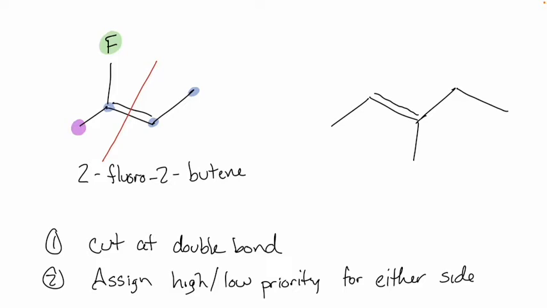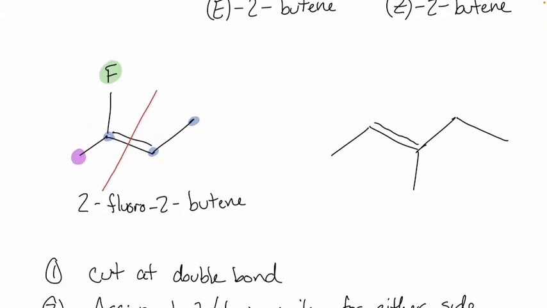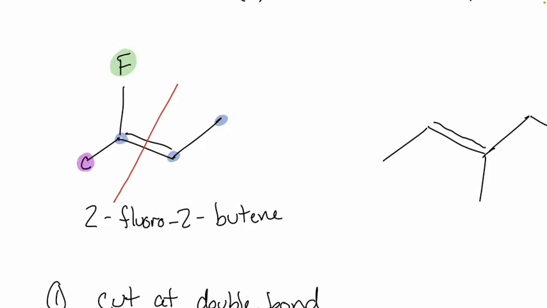How do we assign priority? This is based on the atomic number. I have a carbon as my purple group and my fluorine as this green group. I'm going to assign these as either high or low priority. The higher priority group has the higher atomic number. So we got our periodic table over here.